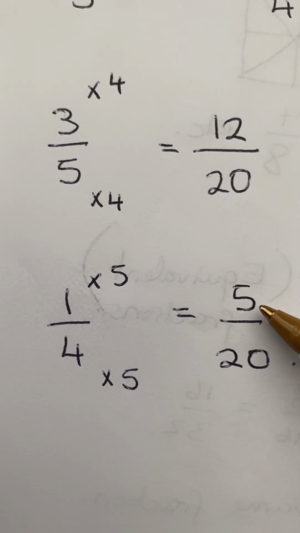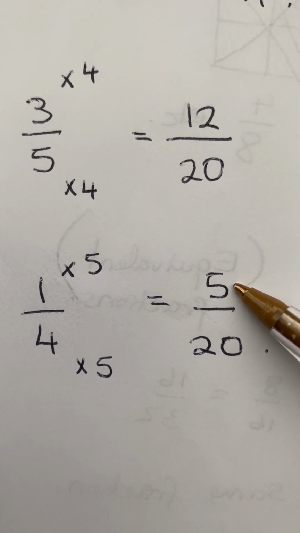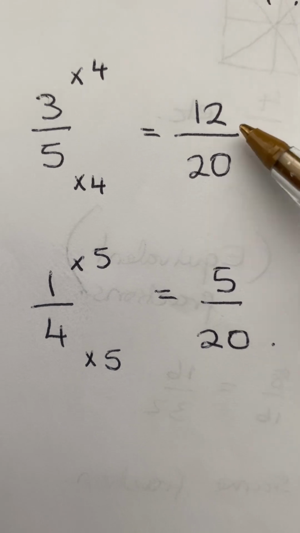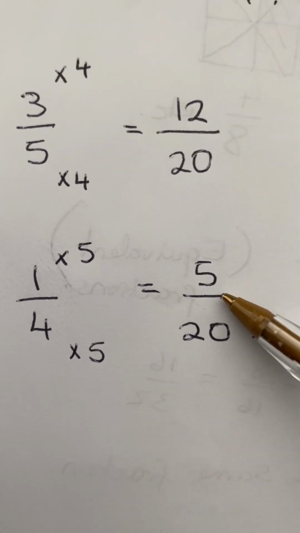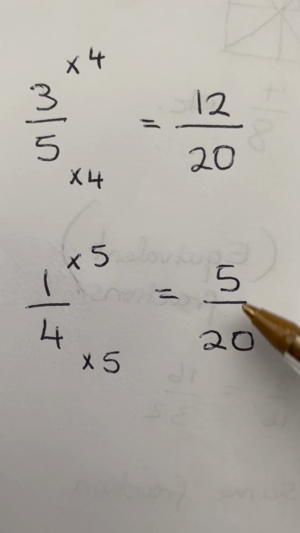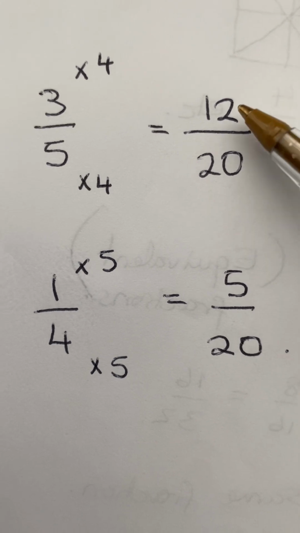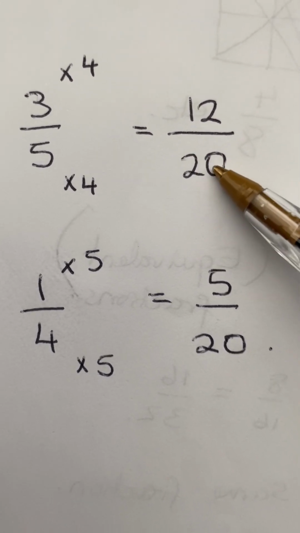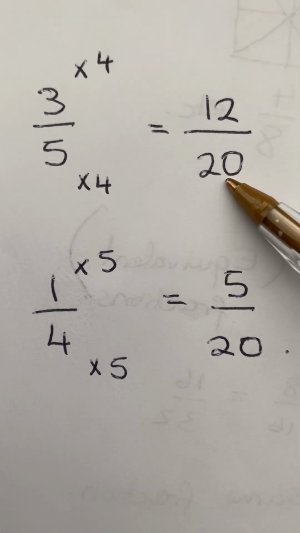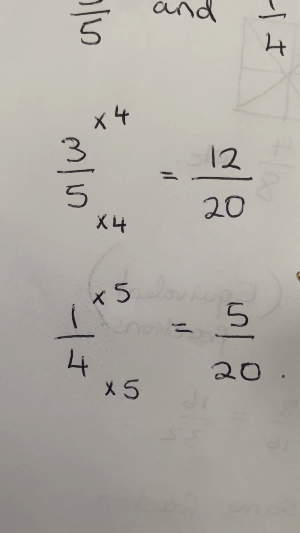So here I can say that 5 is the smallest number and is less than 12. So 5 over 20 is 5 portions out of 20s, and this is 12 portions out of 20, the same 20s.